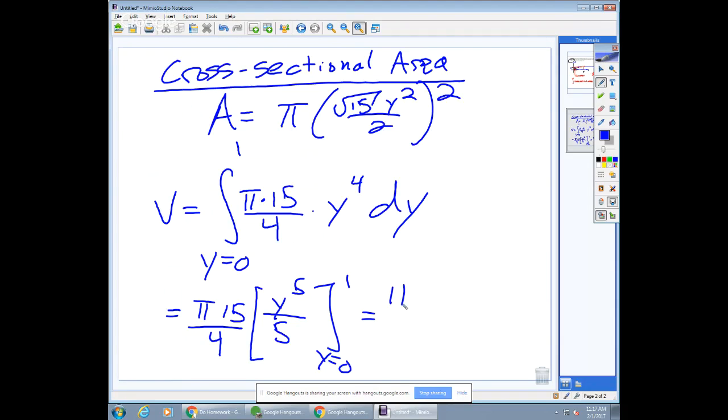So then I get pi times 15 over 4 times 1/5. And that cleans up just a little bit since 5 goes into 15 3 times. So it looks like our answer is a volume of 3 pi over 4.